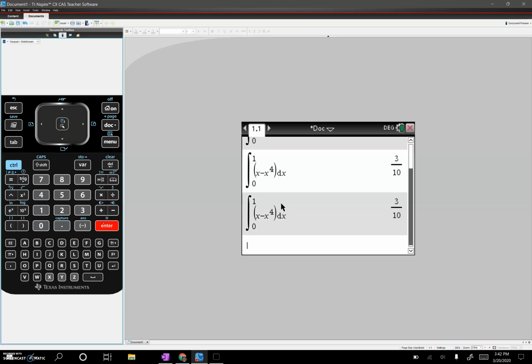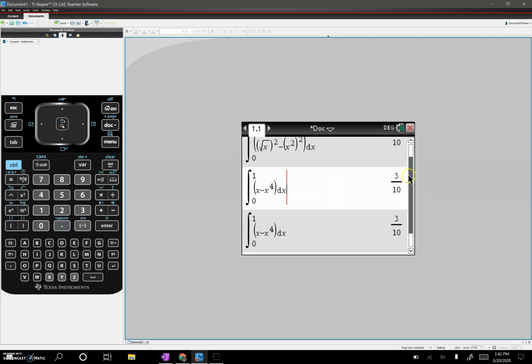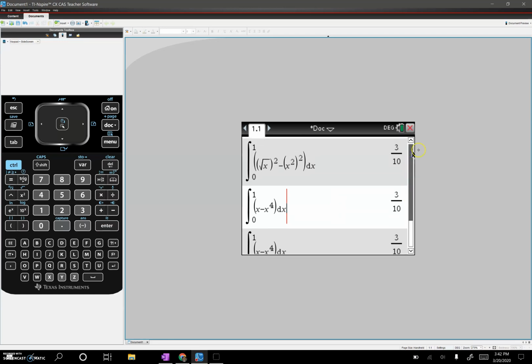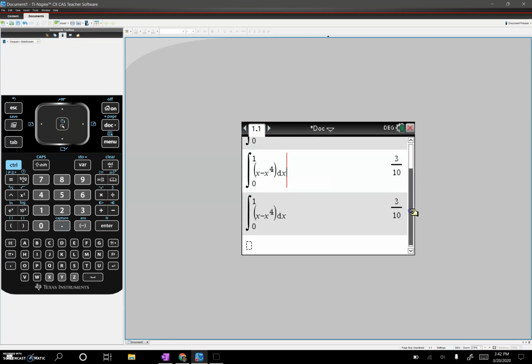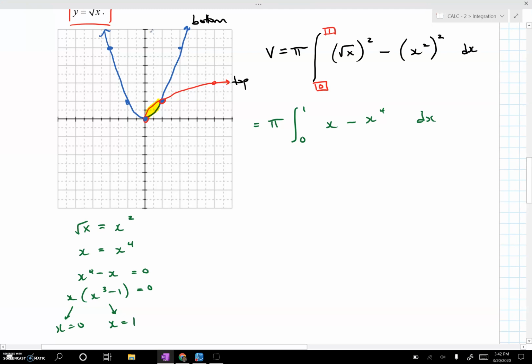You'll notice I get the same answer. Regardless of the way I punch in the function, whether the way it was written or simplified, I get 3 over 10. So I know the answer is 3 over 10 by my calculator.